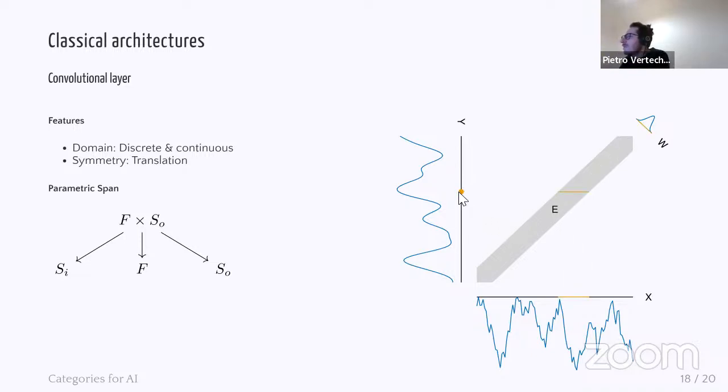And if we fix a point in Y, we can get the fiber, which is all of the edges that will be mapped to that point. And then this fiber can be projected both to X to see what are the inputs for that output, and to the filter W. And then as we move this point around in Y, we can see that the fiber varies over E, and so does the projection of this fiber on X. Now the projection on W is actually a bit less interesting, because we always have access to the whole filter, except of course when we get close to the boundary.